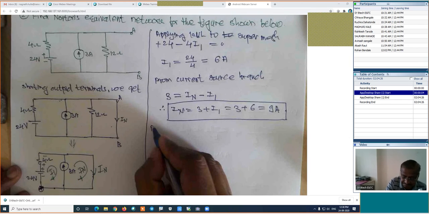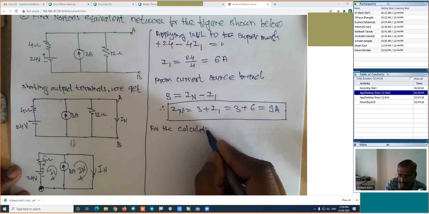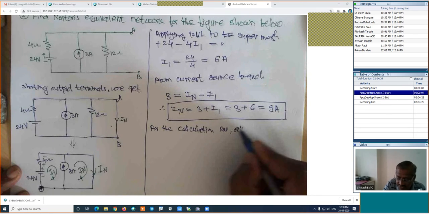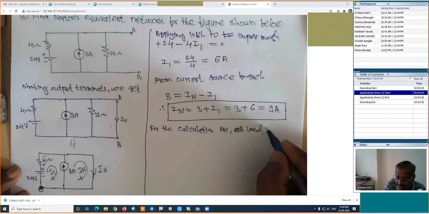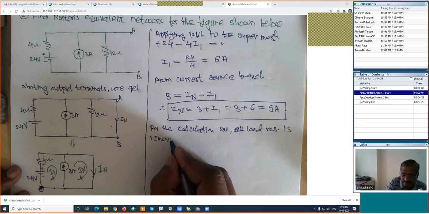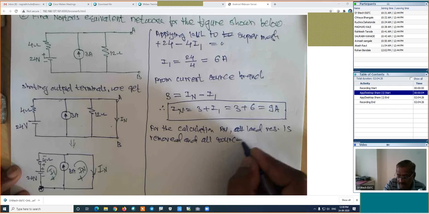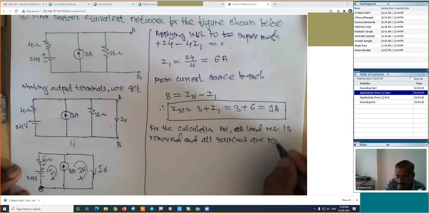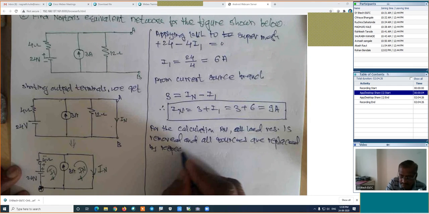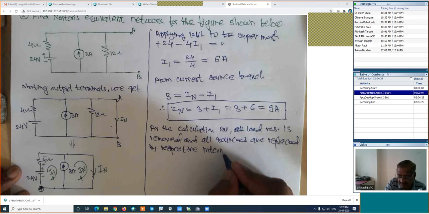And for the calculation of RN, the load resistance is removed first, and all sources are replaced by their respective internal resistances.